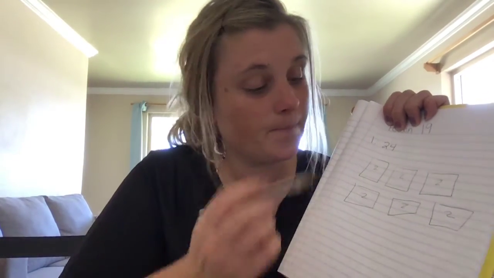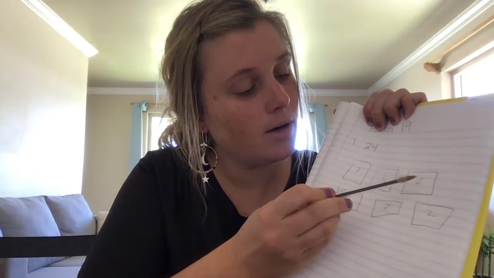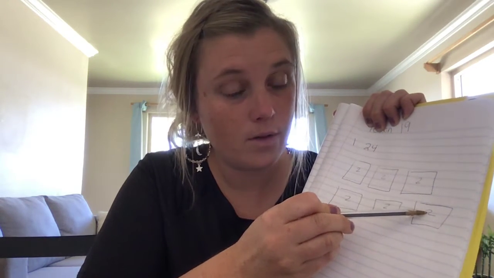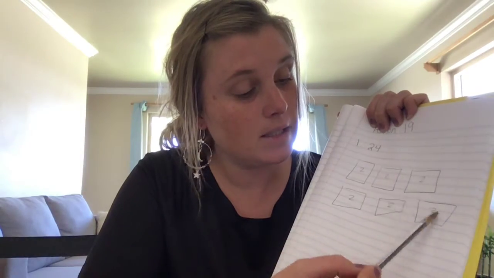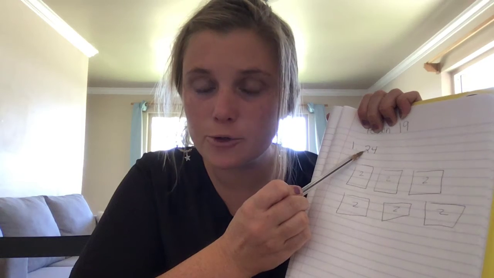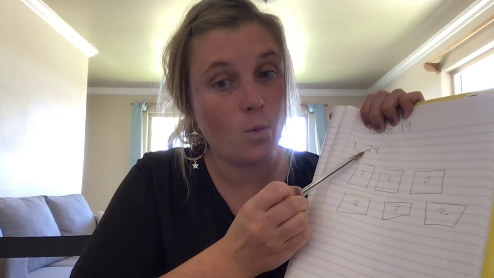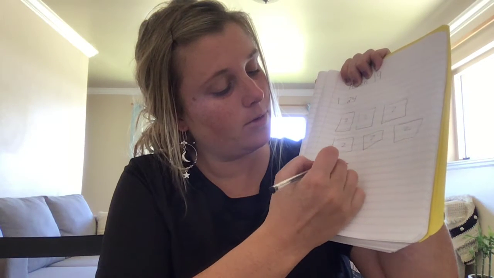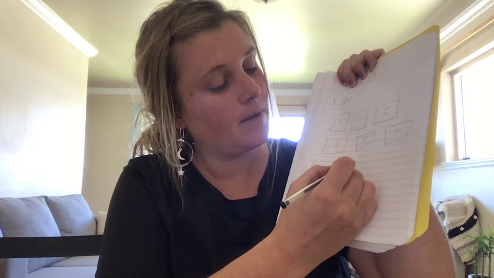Let's count by 2s. 2, 4, 6, 8, 10, 12. So there's 12 beds in these rooms. But how many beds do we need? How many were delivered in the big truck? 24. So let's keep drawing. Another room with 2 beds.